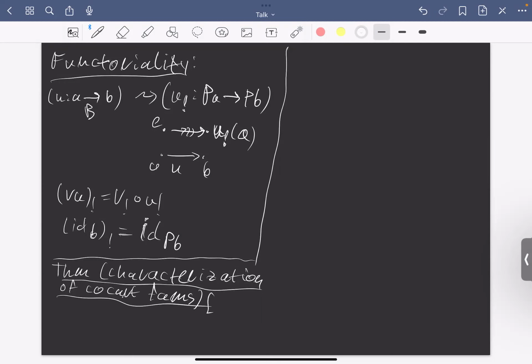So this is due to Ulrich Buchholtz and myself, after results of Riehl and Verity in the infinity cosmos setting.